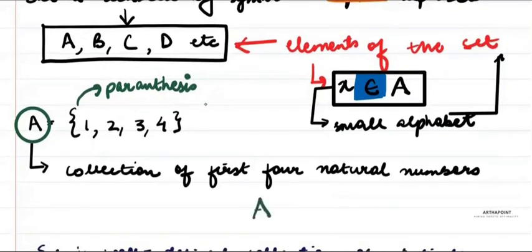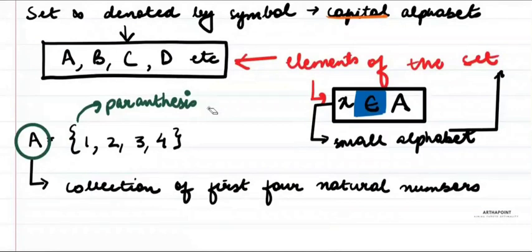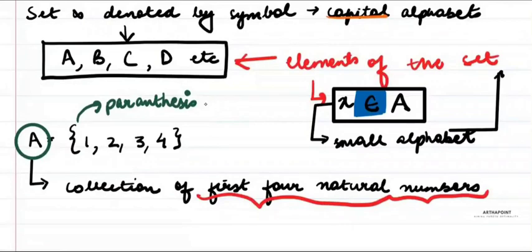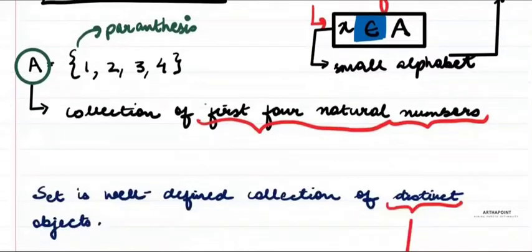I will never write that A is (1, 2, 3, 4). I'm not making a vector here. I'm making a set here. And a set will always be given by these curly brackets. So I am saying A written in capital is a set, and it consists of the first 4 natural numbers. So I say 1, 2, 3, and 4.